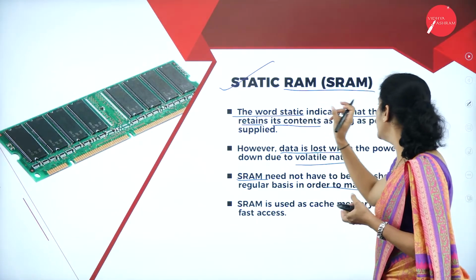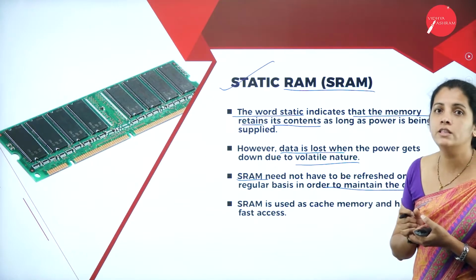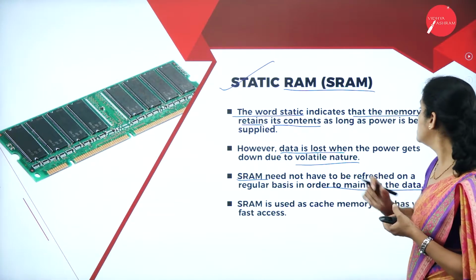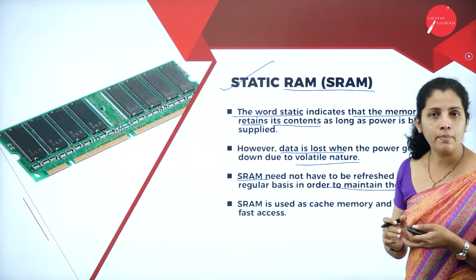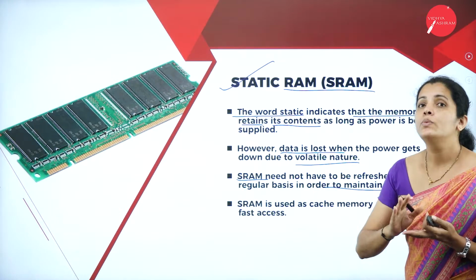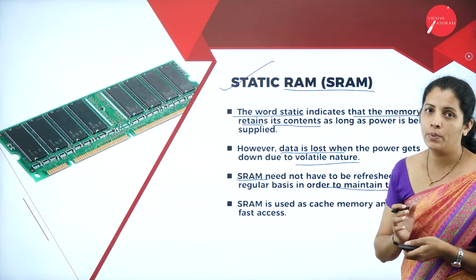The word static indicates that the content which is present on the memory remains the same as long as the power is supplied, and here we do not require any frequent refreshment.